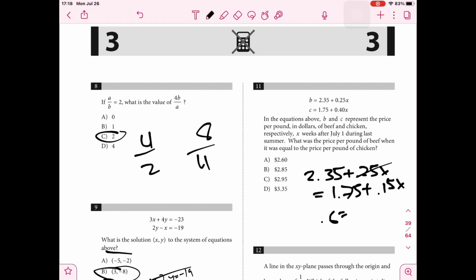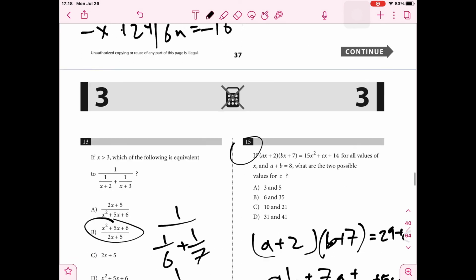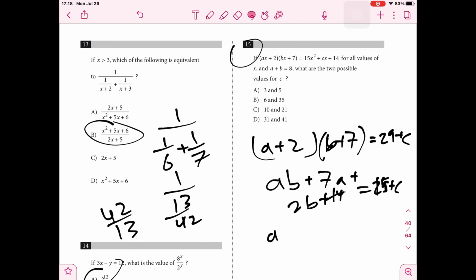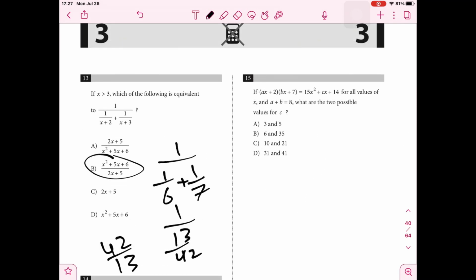So I take that over to the other side, and that would be, what, 0.6 is equal to 0.15x. So x is equal to 4. So then I just plug in 4, $1.60, 2.35, right? No. $1.60 is 3.35. And let's just plug in the 4 over there. 3.35. Okay, sweet.